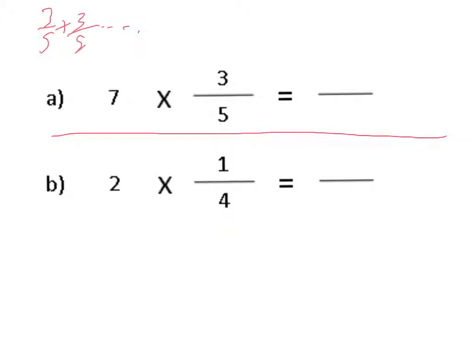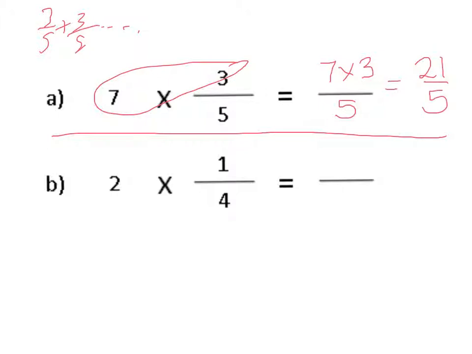But we're not going to do that. What we're going to do now is use the standard algorithm, which says multiply your whole number times your numerator. So over here, we're going to say 7 times 3. Your denominator will stay 5. What will that equal? That will equal 21/5.